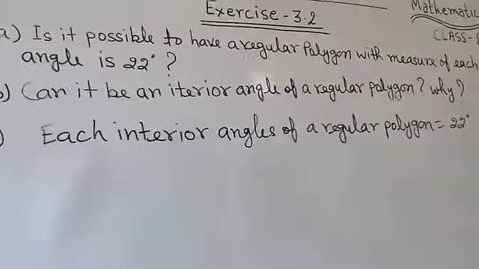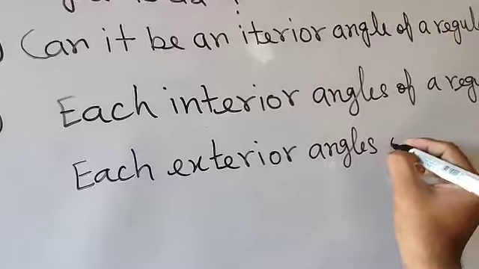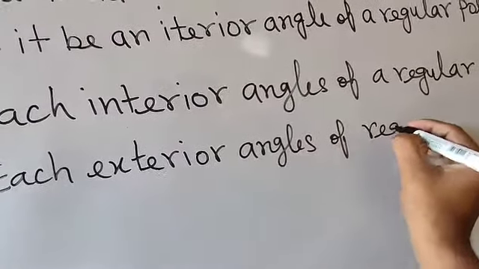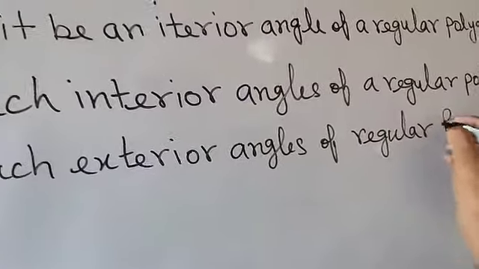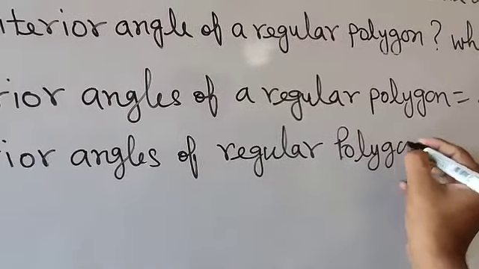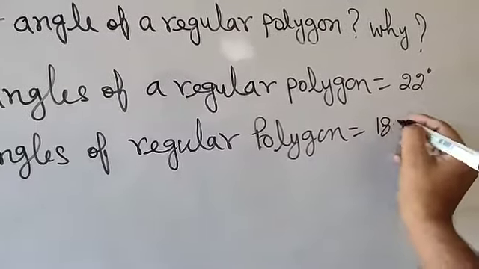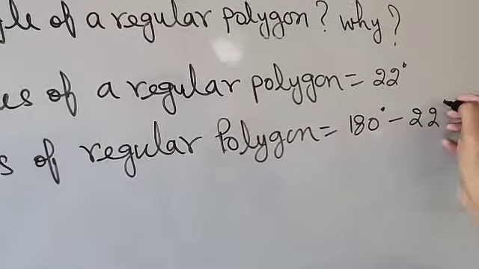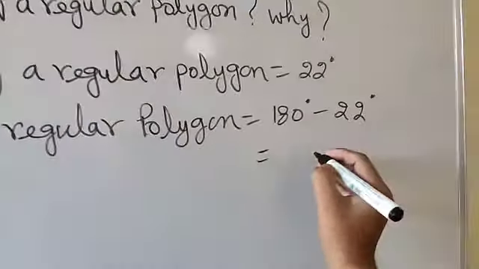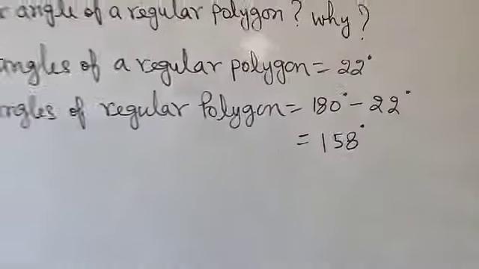Each exterior angle of that regular polygon is equal to 180 degrees minus 22 degrees, which is 158 degrees.